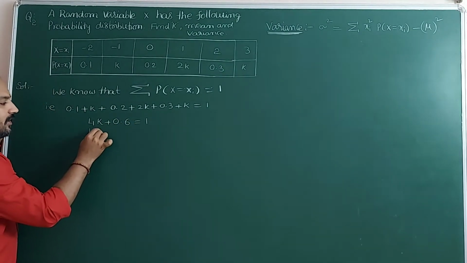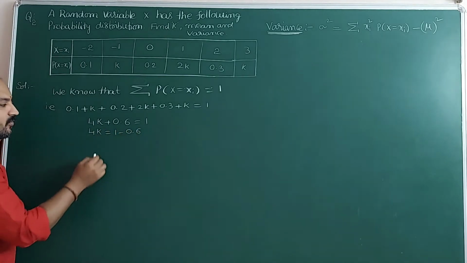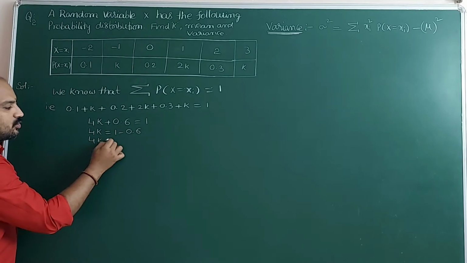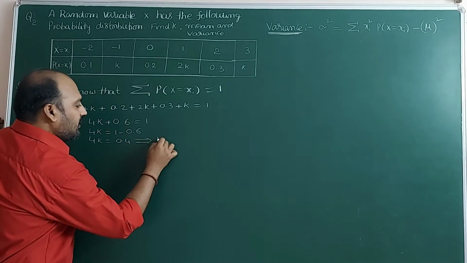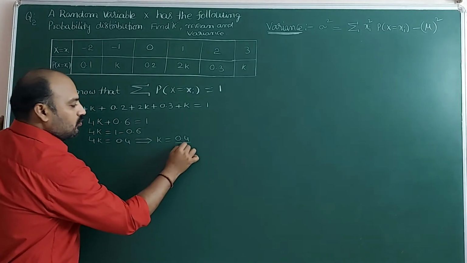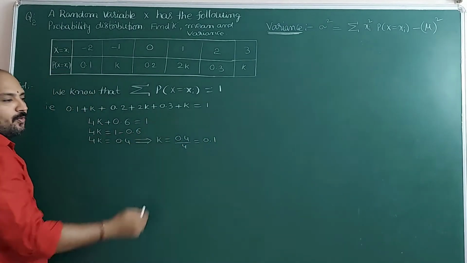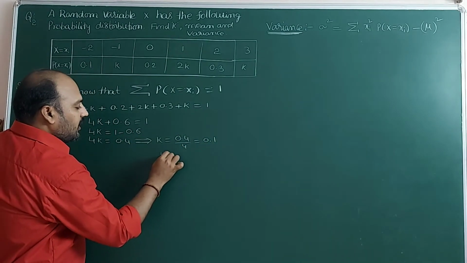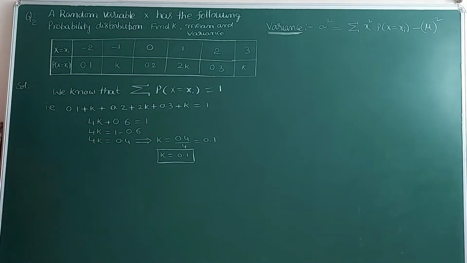So 4k is equal to 1 minus 0.6. So 4k is equal to 0.4. That implies that k equals 0.4 divided by 4, which is equal to 0.1. Therefore, k equals 0.1. So we got the k value.